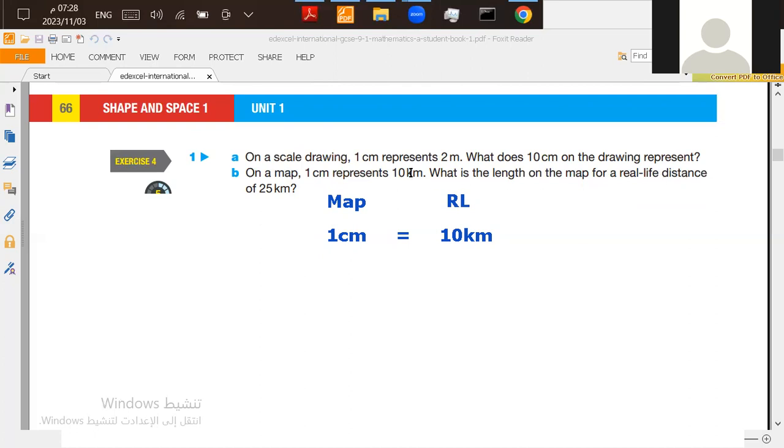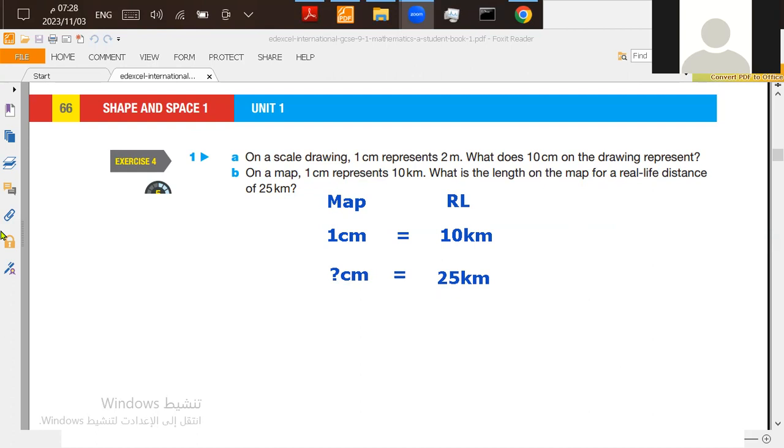Here, they gave us 25 kilometers in real life. So we put 25 kilometers here under the real life. Same idea. I want to know how many centimeters will be on the map for 25 kilometers. Same idea: how did the 10 become 25?